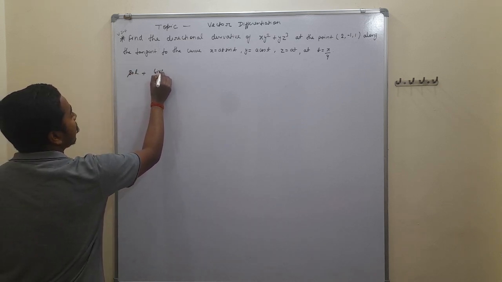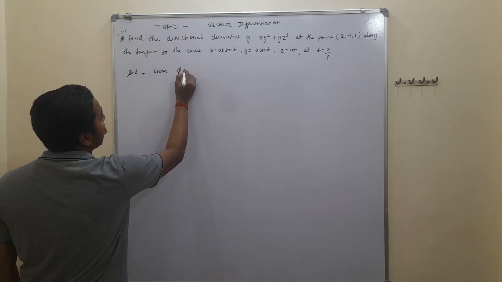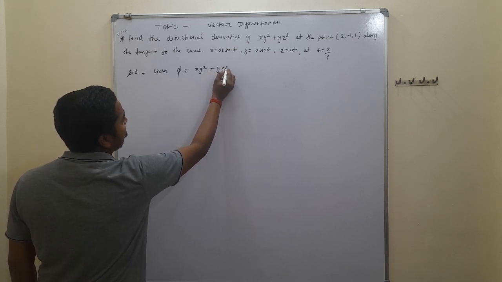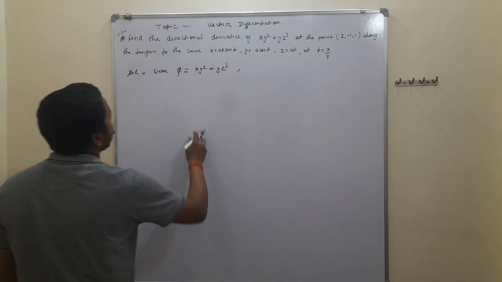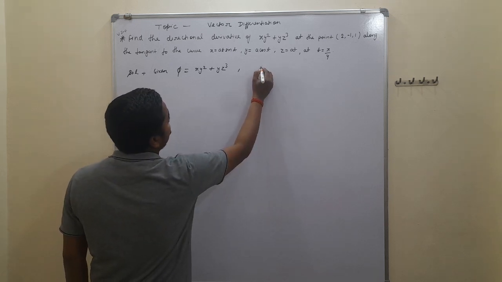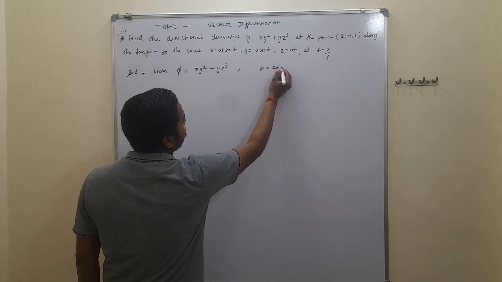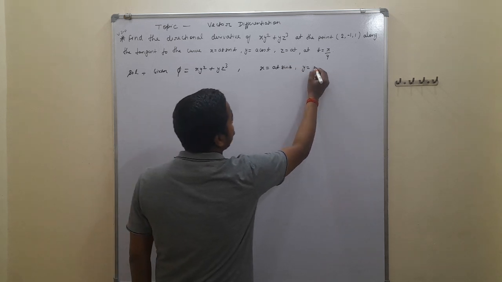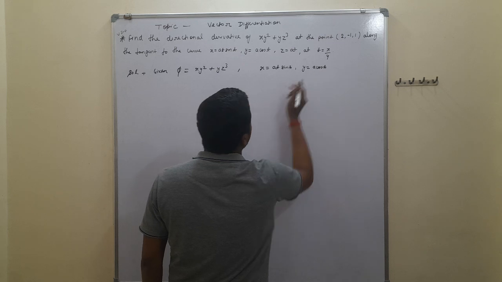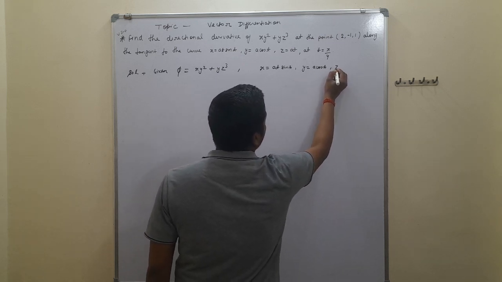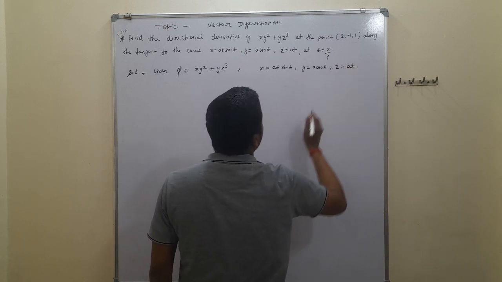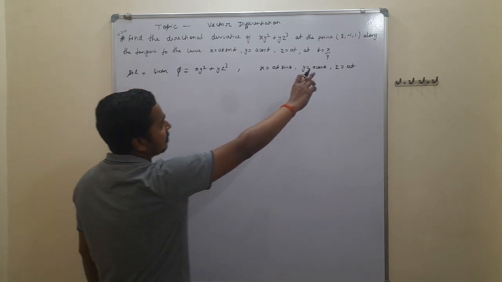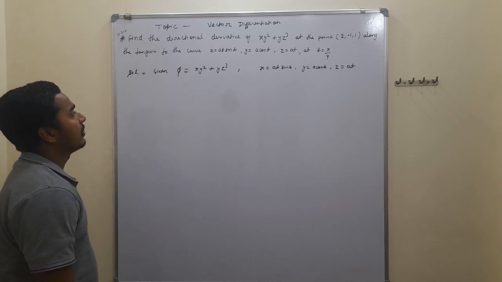Given φ = xy² + yz³, and the curve is given by x = a sin t, y = a cos t, and z = at, and we have to find the tangent to the curve at t = π/4.